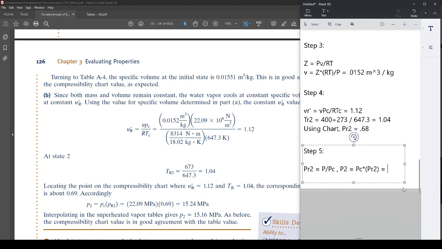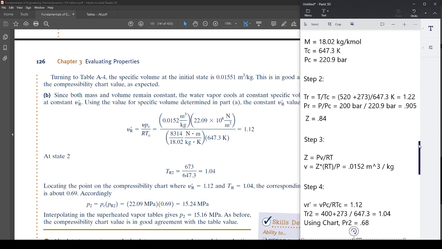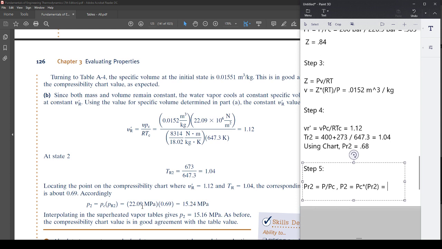And if you then do that, remember some of these might be in different units, although it actually doesn't matter because you just change the critical pressure, which is all the way at the front here, which is 220.9 bar, which if you change that, it is 22.09 megapascals. And so you put that in there and you multiply by 0.69, or our value of 0.68, which I will do in front of us.